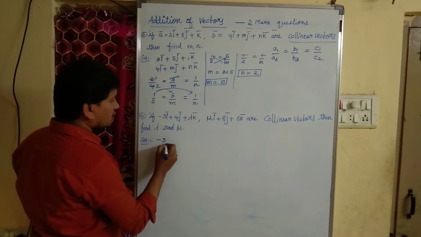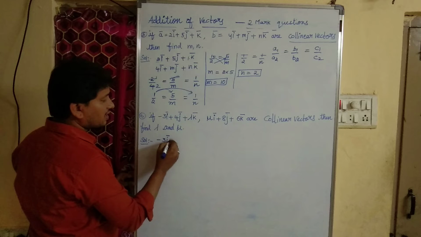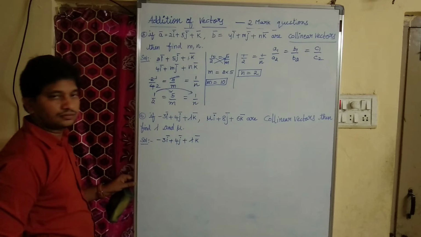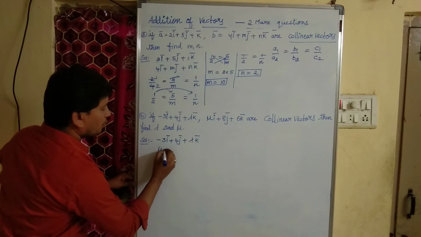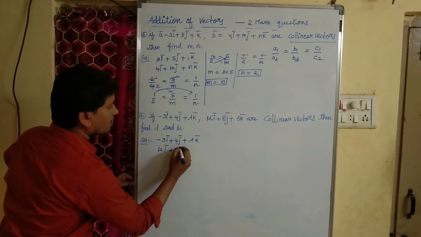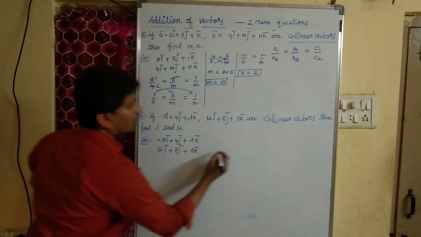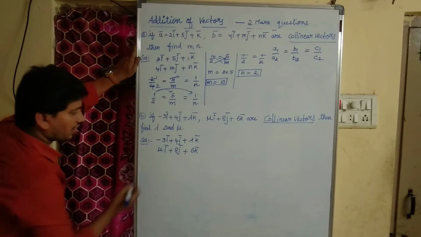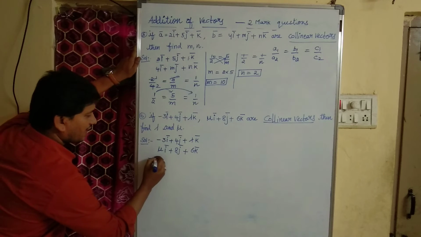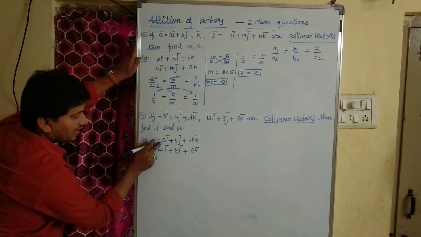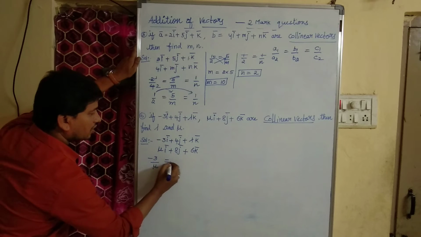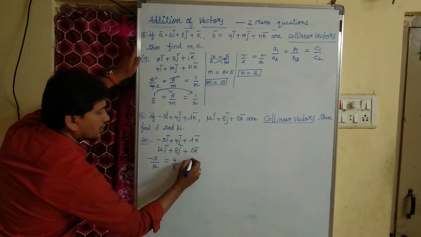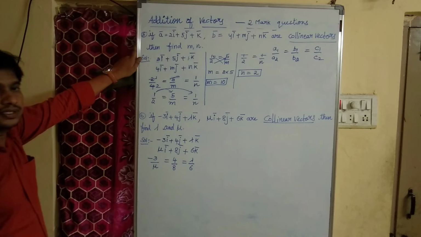Coming to sixth question, given vectors are minus 3i bar plus 4j bar plus lambda k bar, and the second vector is mu i bar plus 8j bar plus 6k bar, are collinear. What is the condition for collinearity? A1 by A2, minus 3 by mu, equal to B1 by B2, 4 by 8, equal to C1 by C2, lambda by 6.